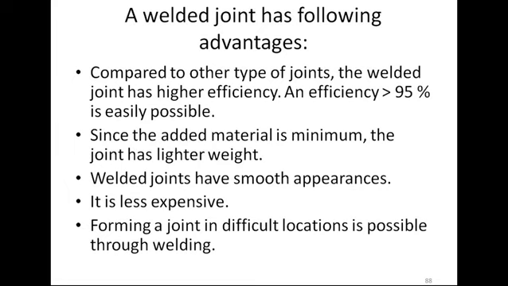Since the added material is minimum, the joint has lighter weight compared to other joining processes. Welded joints have a smooth appearance. It is also less expensive. Forming a joint in a difficult location is possible through welding. Any location that may be difficult, such as above ground level or anywhere in industry, welding can be possible.